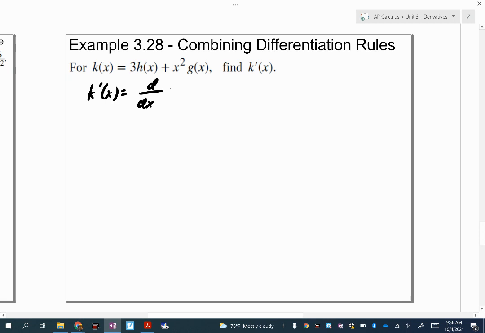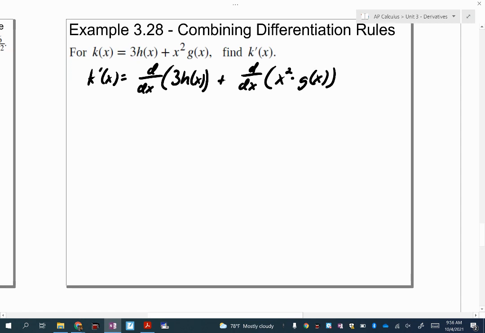But I'm going to do d/dx of 3h of x plus d/dx of x squared times g of x. Now, the piece on the left, I don't think it'll be too bad, right? If you need to use the constant rule, you can. But essentially, this is going to be 3 times h prime of x. All right, so that one's done.